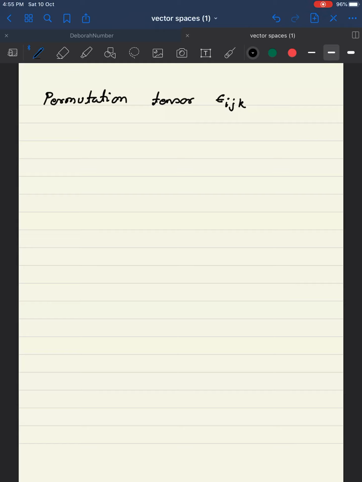So it has 3 indices, and it can have 3 values: it is plus 1 in certain cases, it is minus 1 in certain cases, and it is 0 in certain cases.